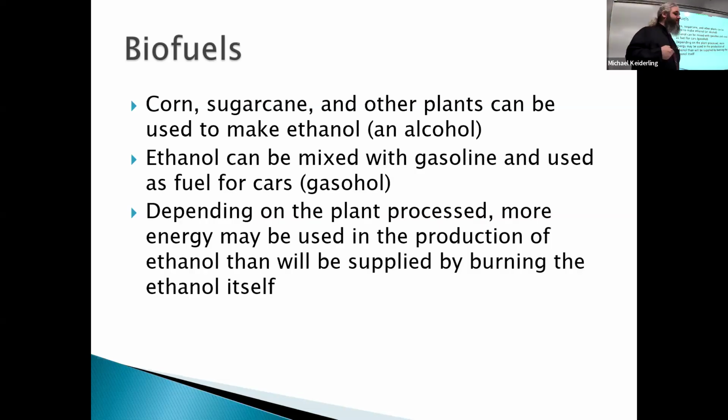At least that's what you see on the sticker. And then if you've seen E85 gas, that's a much higher concentration of ethanol, up to 85%. It varies technically, and you need to have a car that's able to use it.